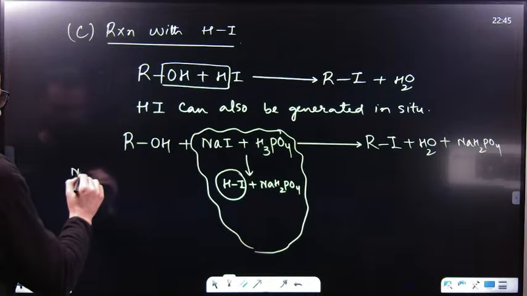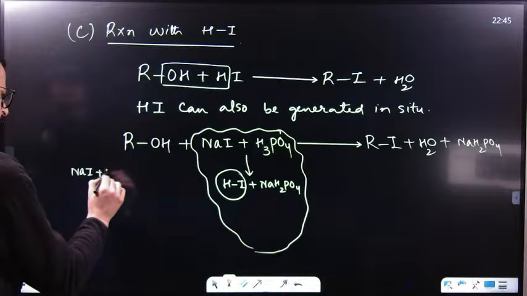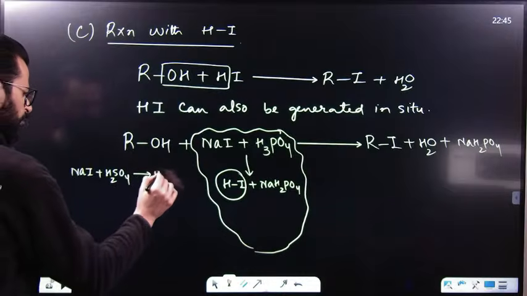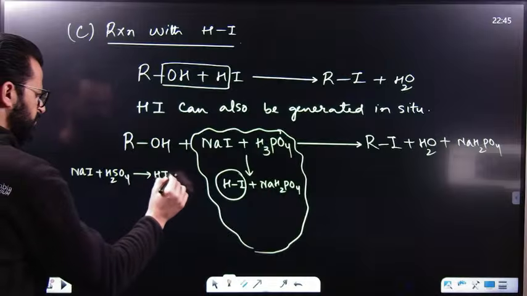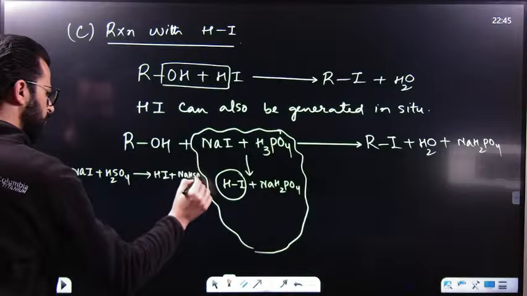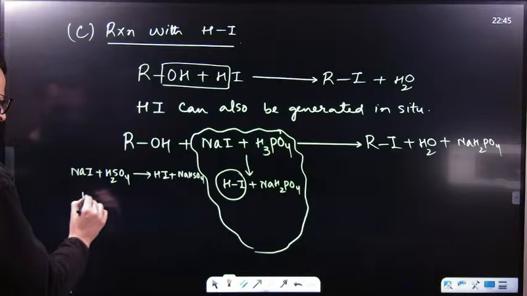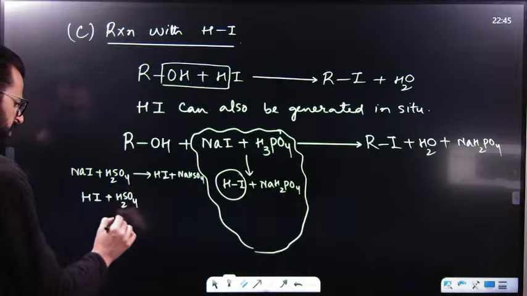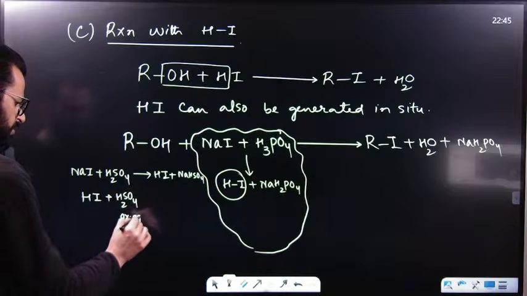Remember, if we use H2SO4, have a look. What will H2SO4 do in this reaction? It will first form HI and then NaHSO4. After that, this HI will be oxidized by H2SO4, as this is an oxidizing agent.